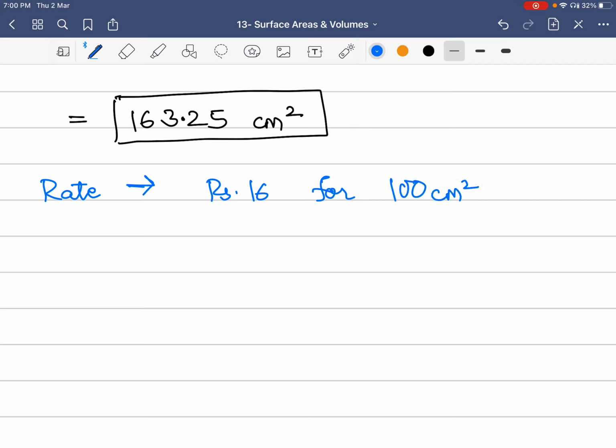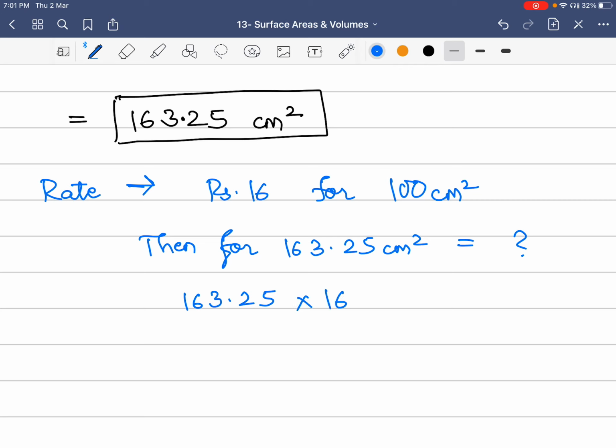If for 100 centimeter square it's rupees 16, then for 163.25 centimeter square, how much is it? That's what we have to calculate. So it's going to be 163.25 into 16, the whole divided by 100. As simple as that.